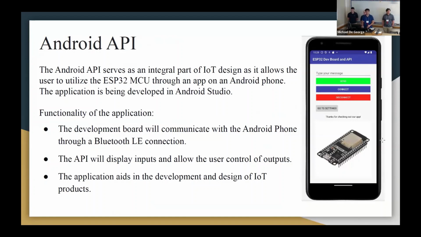So when we print our PCB, we can connect that straight to the app directly without having to use another party. So as listed, some functionality of the application. The dev board will communicate with an Android phone through a Bluetooth low energy connection. The API will display the input and allow the user control of outputs, and it aids in development of IoT products, like previously mentioned.